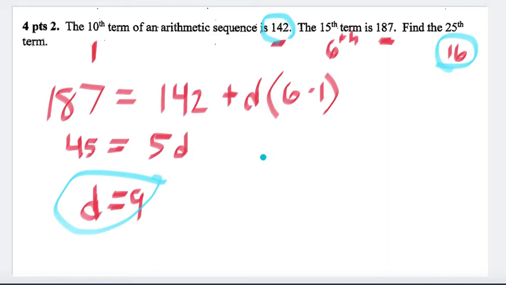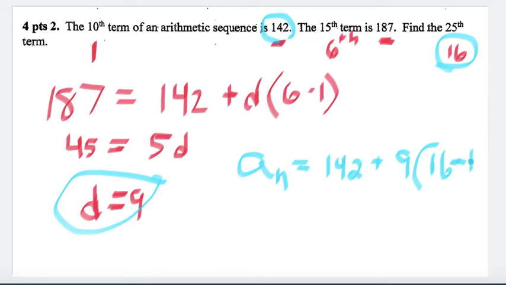All right, so the nth term, which I don't know, that's what I'm trying to find out, will equal the first term, which is 142, plus the common difference, which I figured out was 9, times n. Well, from 1 to 16 is 16 numbers, minus 1.